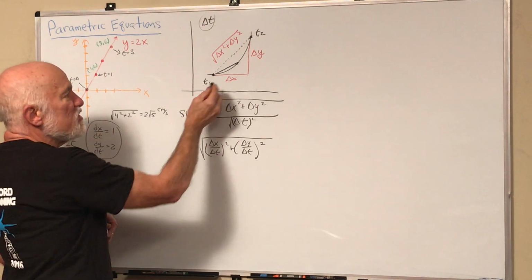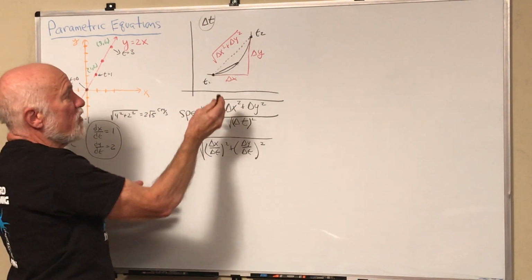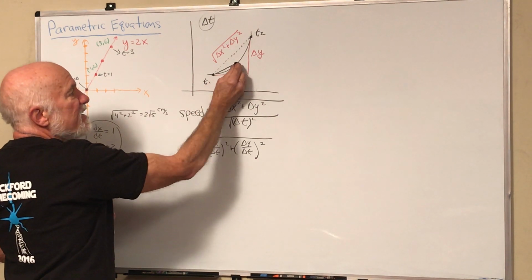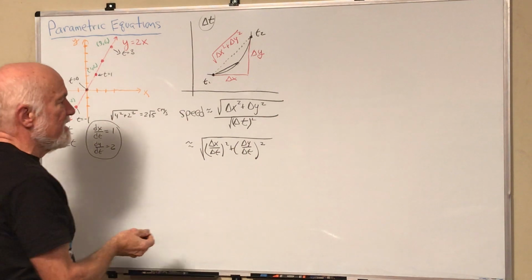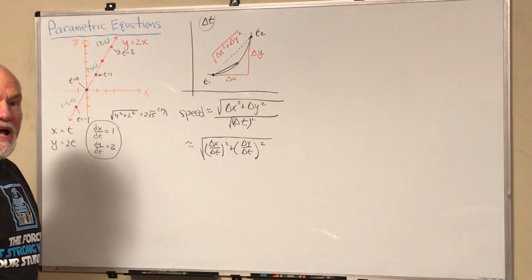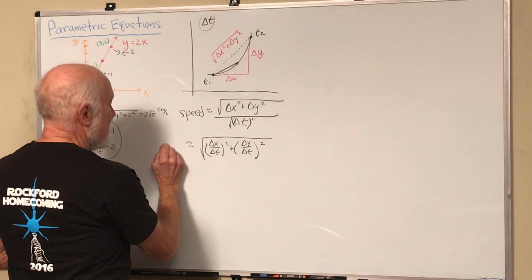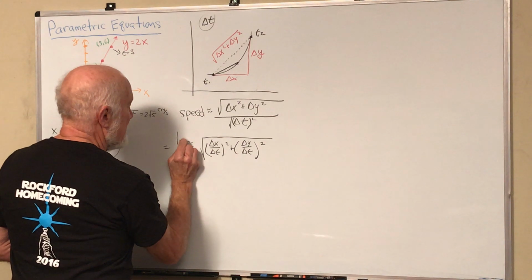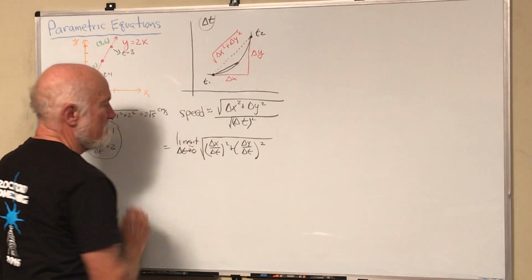So what we really want to do is make this change in time approach 0. So then the approximation is not an approximation, and it's exact. And it will give us the speed right at that time t1. So what I have to do to get the exact is to take the limit as delta t approaches 0.